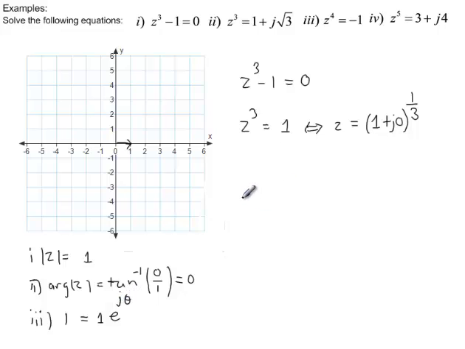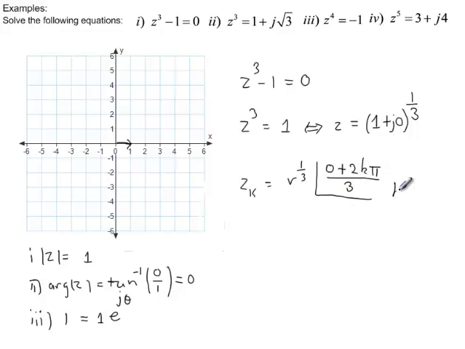Now, if you are going to calculate the roots of this number, you now need Zk, according to that formula. Zk will be r to the power 1 over 3, argument theta, which is 0, plus 2k pi over 3.